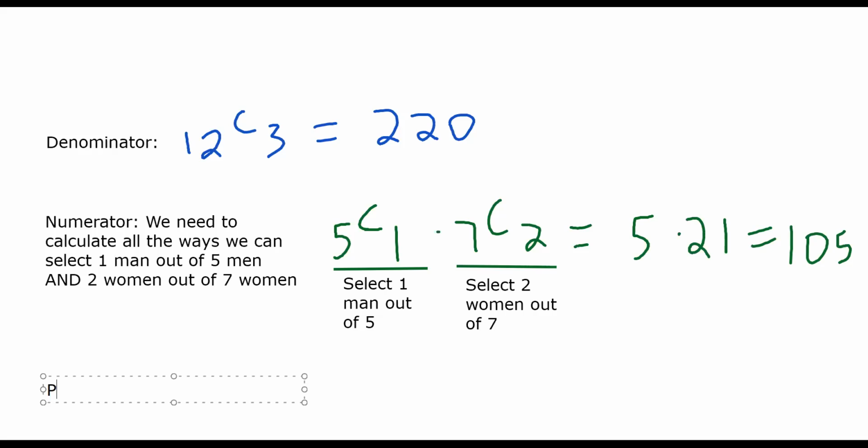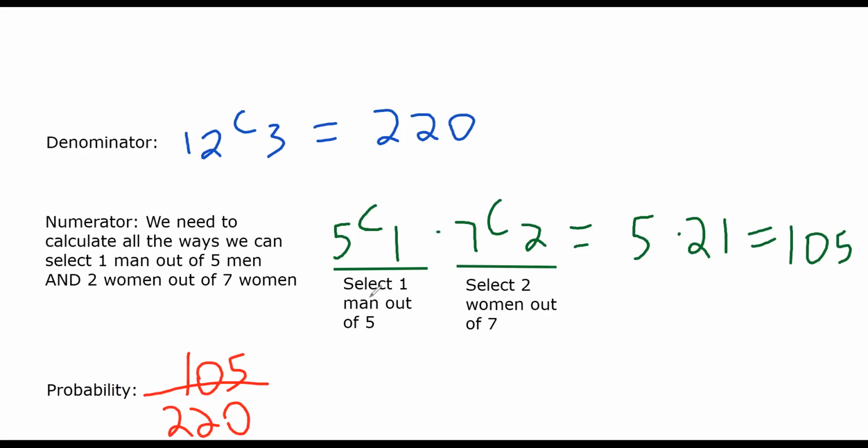So the probability, we got the numerator, we got the denominator separately. The probability calculation should come out to 105 over 220. And if you twist my arm, and I don't recommend that you do, as I buy time here to get my calculator out, 105 divided by 220, you could round it to 3 decimals as 0.477 or 47.7%.